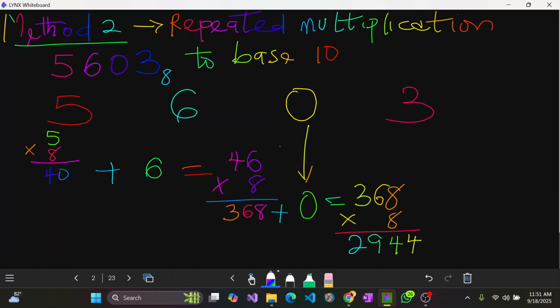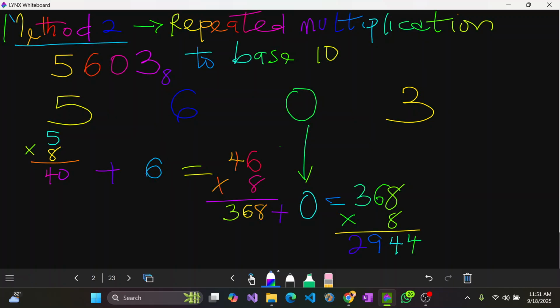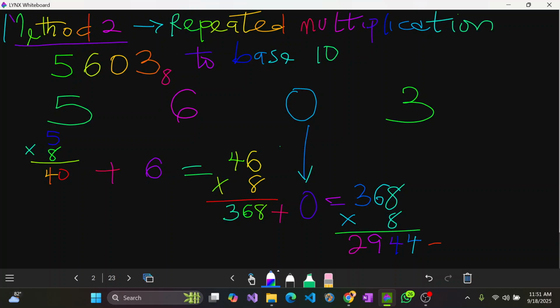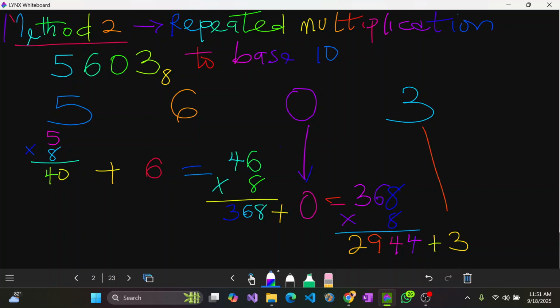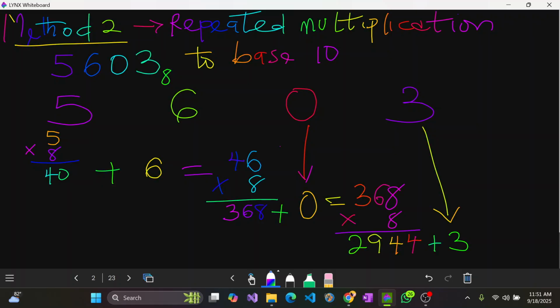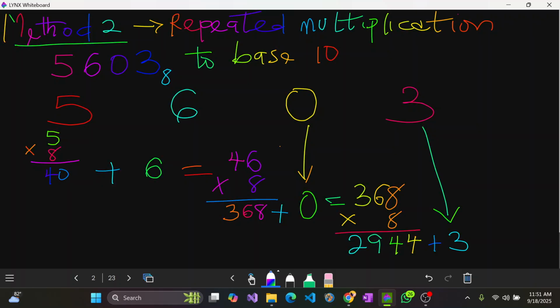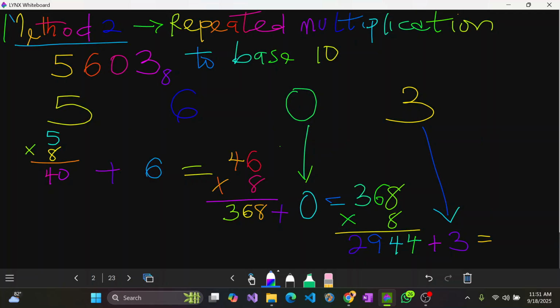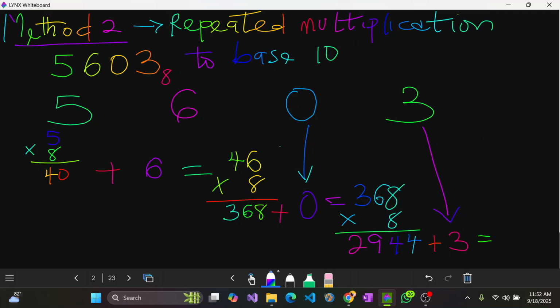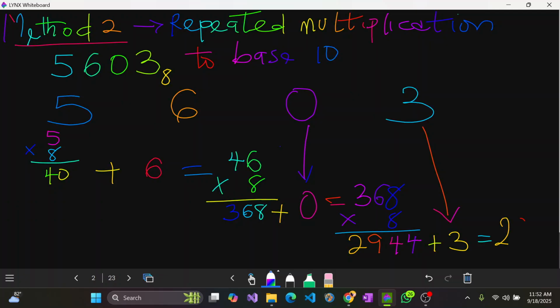Then we add 3, which is the next number. So 2944 plus 3 results in 2947.